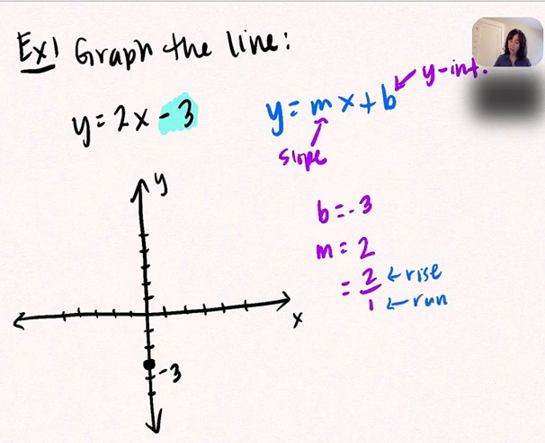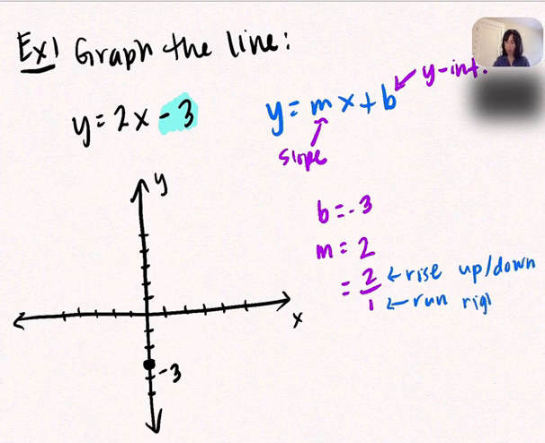Rise is how far up or down you need to go to get another point, and run is how far right or left to get another point. So if we start at our point at y equals -3 and then we go up 2 and right 1, we'll get a second point on the line. So from that point at -3, I'm going to go up 2 over 1 to get another point.